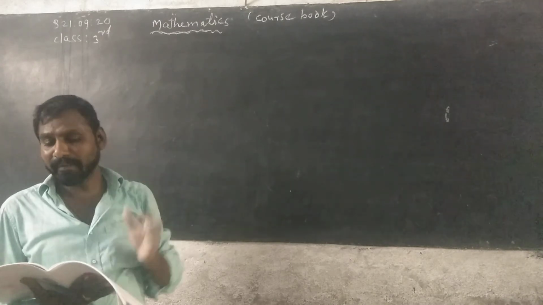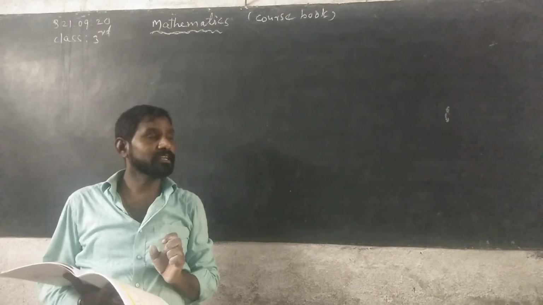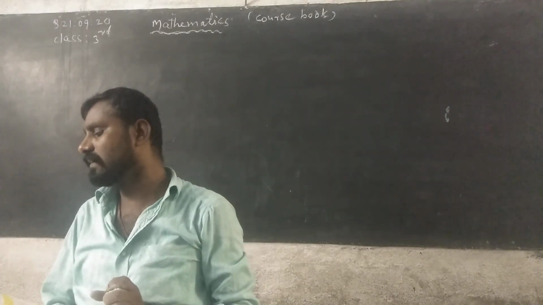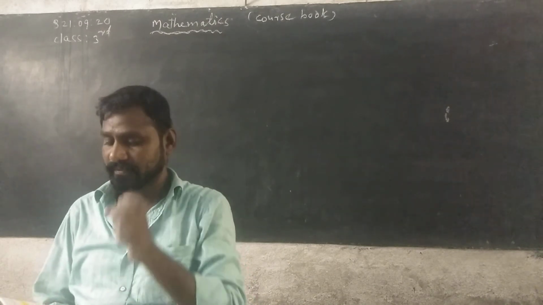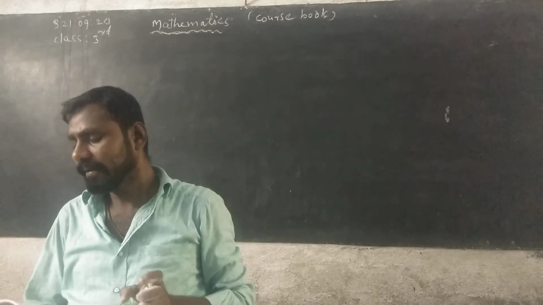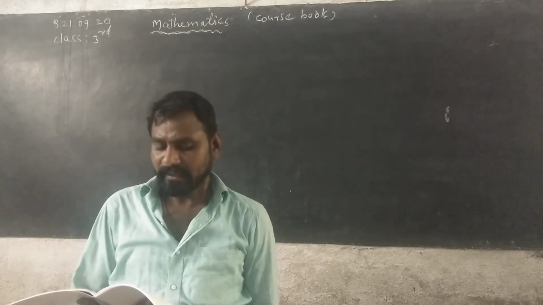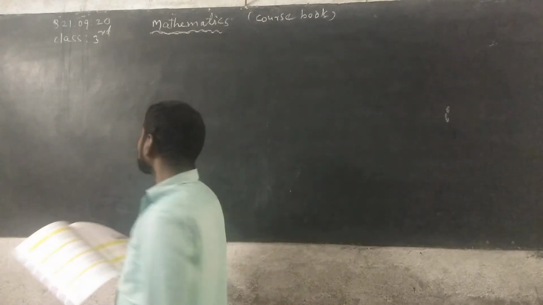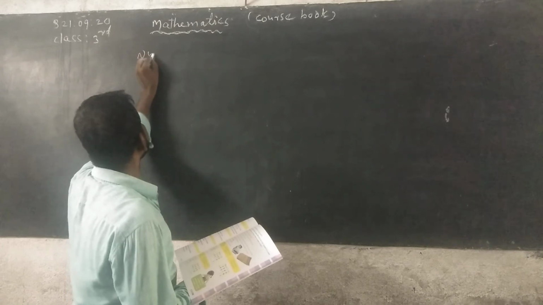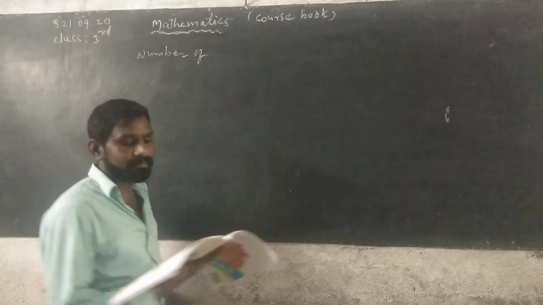A ready-made garment factory makes 3,560 shirts and 4,218 trousers in a week. How many garments does the factory make in a week in total? See here, number of shirts first of all. Did you understand the problem?